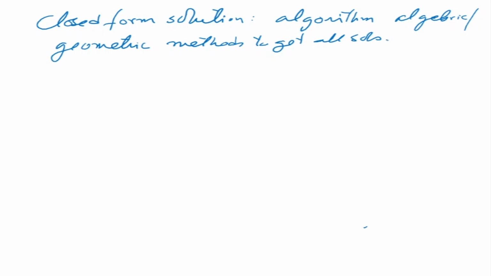So closed form solution means an algorithm which uses geometric or algebraic methods to get all the solutions. If you get all the solutions, then we say this is a closed form solution.